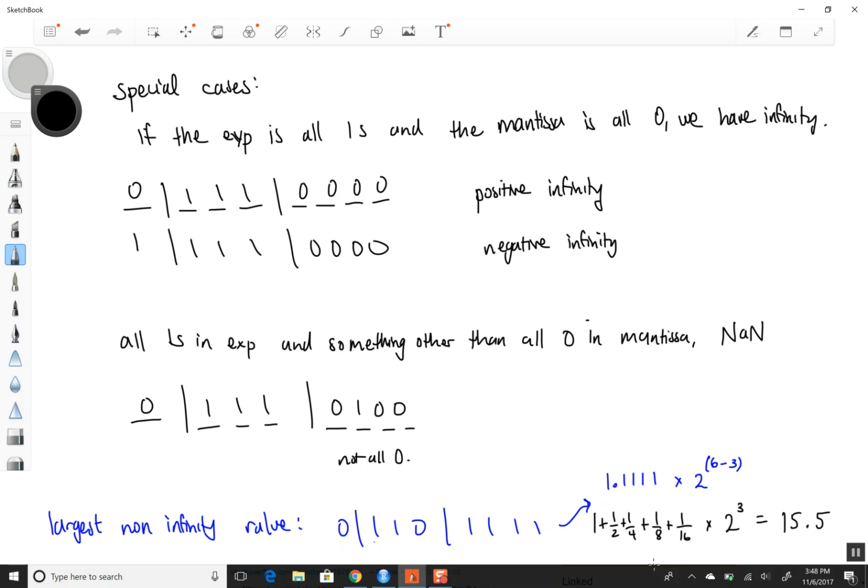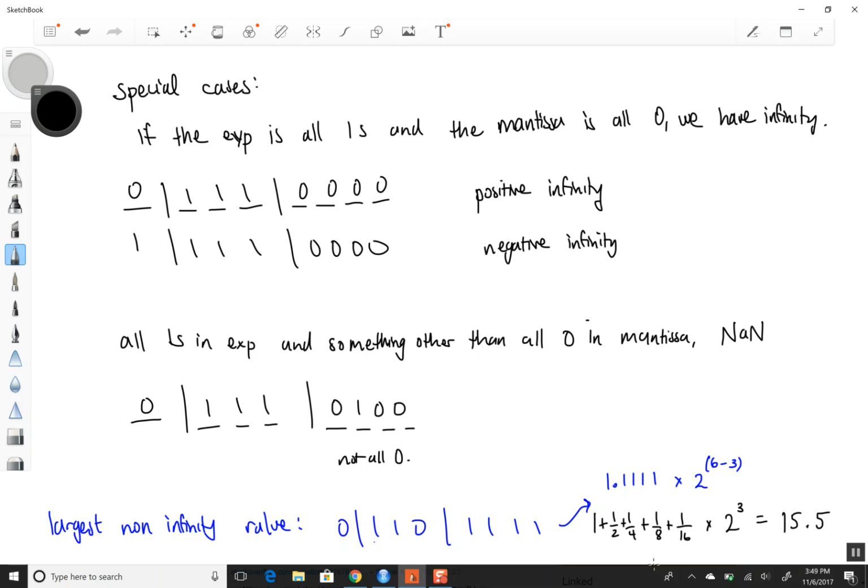So in our mini float system, this is the biggest number we can represent that's not infinity. And if we go any bigger than this, it becomes infinity. Okay? So you're counting 1, 2, 3, you get to 15, 15 and a half, boom, infinity. All right? That sounds silly, okay?